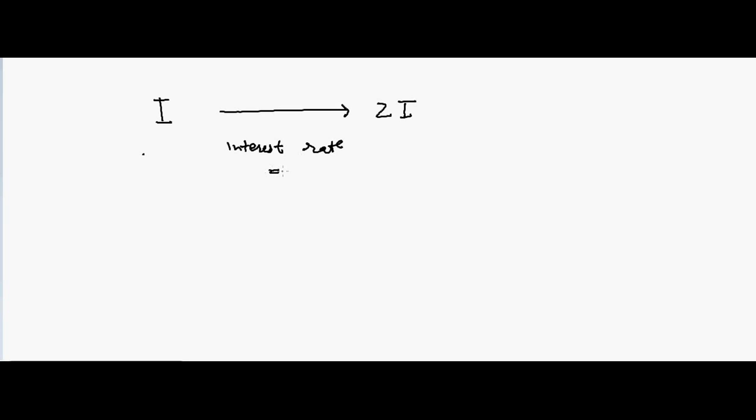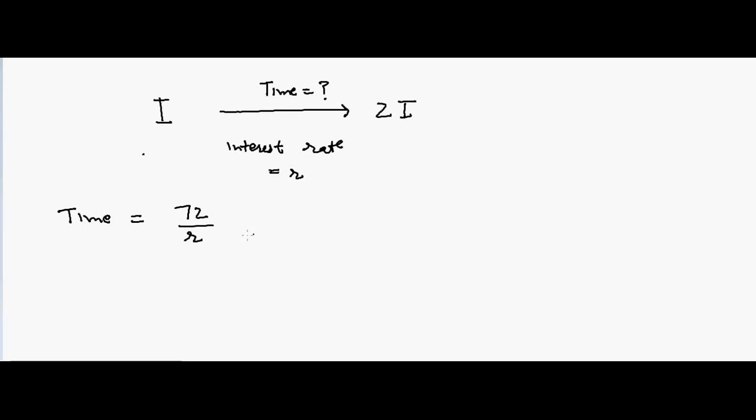is equal to R, right? So we want to know how much time it will take for this investment to double. There are certain ways to calculate this, but if you use this trick, the approximate time can be calculated very easily, and the time will be equal to 72 divided by r.